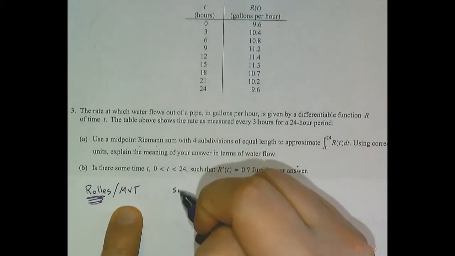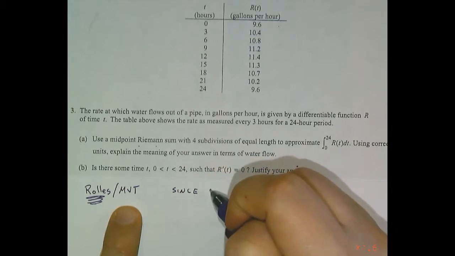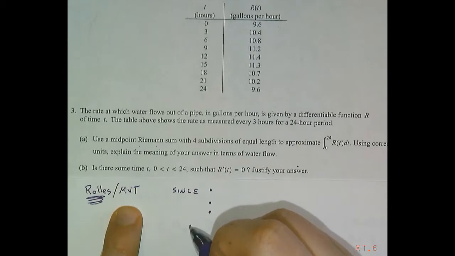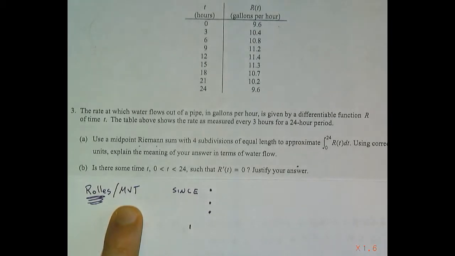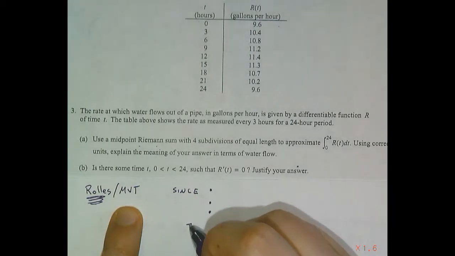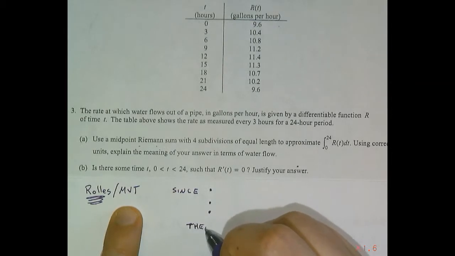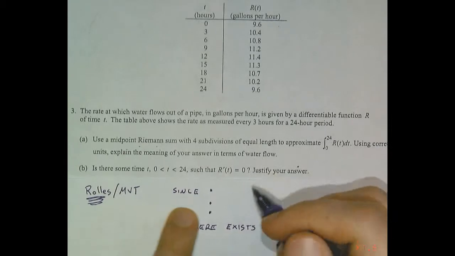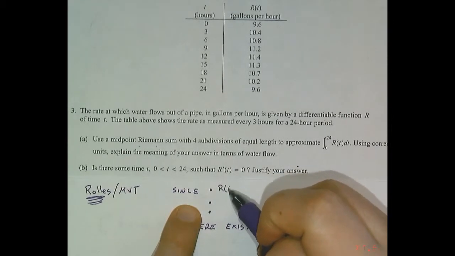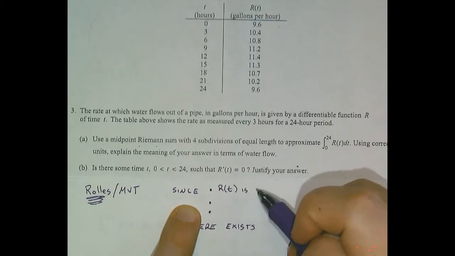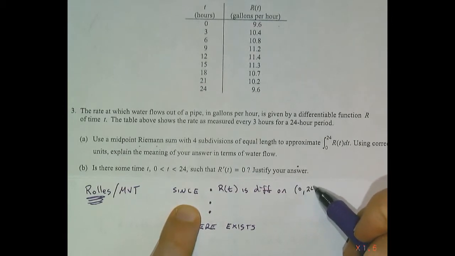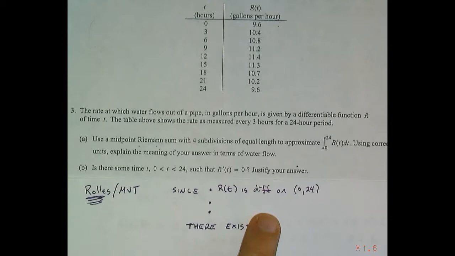And Rolle's theorem says if 3 conditions are true, we can make the conclusion about an existence. The 3 conditions are: r of t is differentiable on 0 to 24, and that's given to us, so we know that's true.